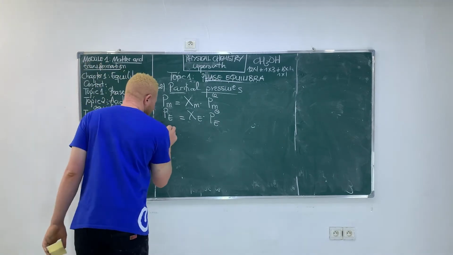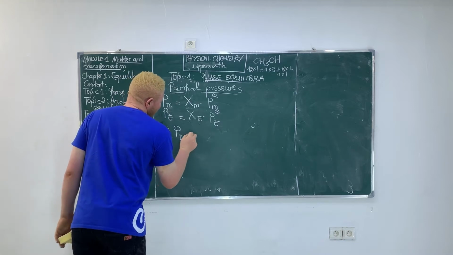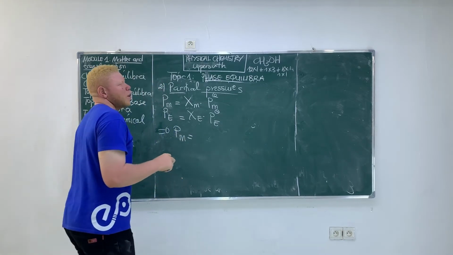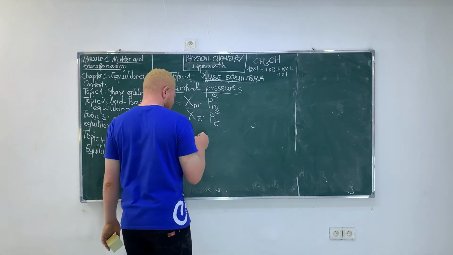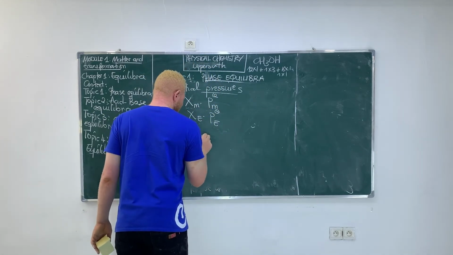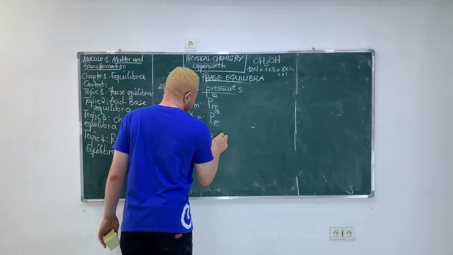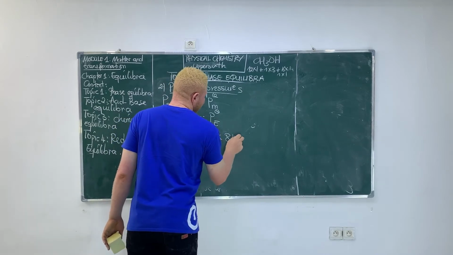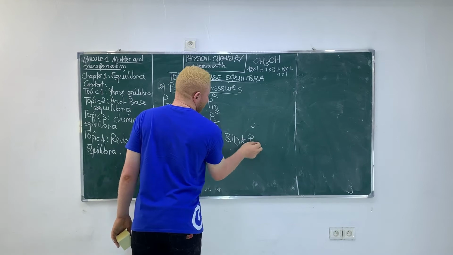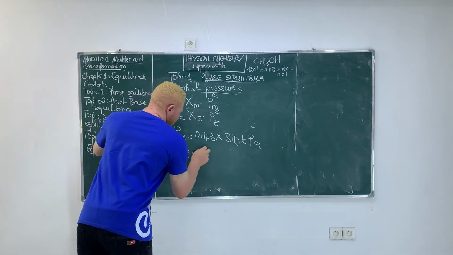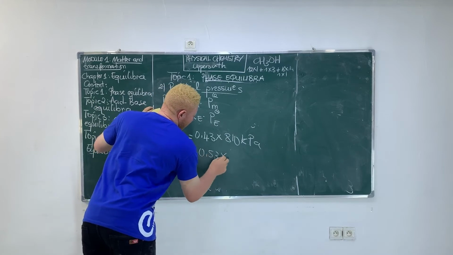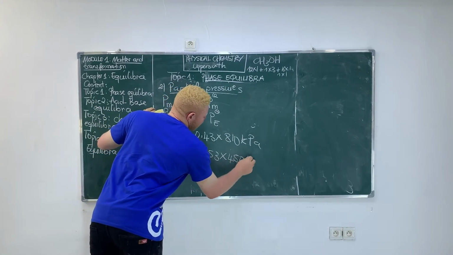So P of methanol is X of methanol, so we have to know X of methanol. X of methanol was 0.43 times 810 kilopascal. P of ethanol was 0.53 times 450 kilopascal.